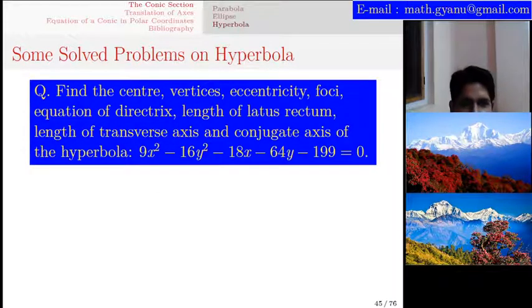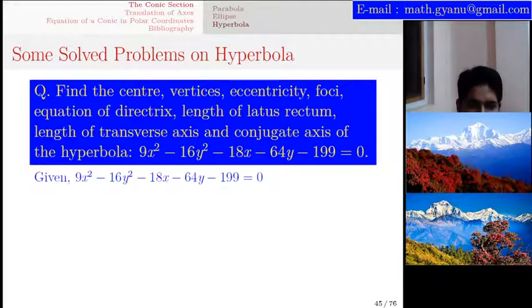Another problem: find the center, vertex, eccentricity, and other components of the hyperbola. First of all, the given equation is 9x square minus 16y square minus 18x minus 64y minus 199 equal to 0. First, we make this equation comparable with a form of hyperbola, x minus h whole square by a square minus y minus k whole square by b square equal to either positive 1 or negative 1.